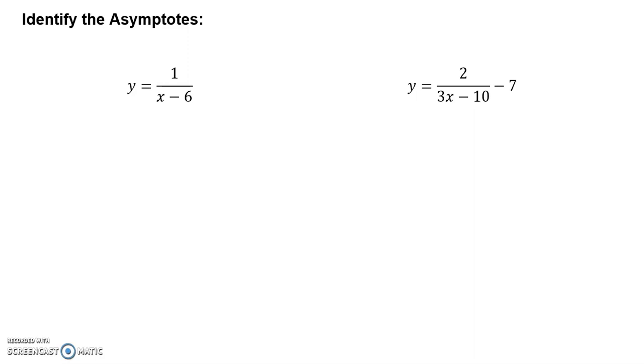We can write a rational function in the form of y equals a over x minus b plus c. Okay, so that is our equation. Vertical asymptotes will be at b, and horizontal ones will occur at c.